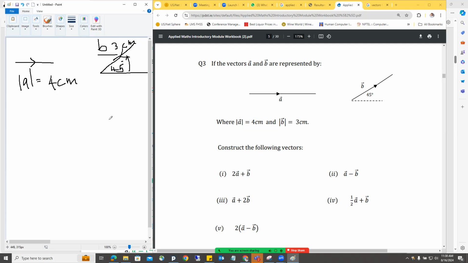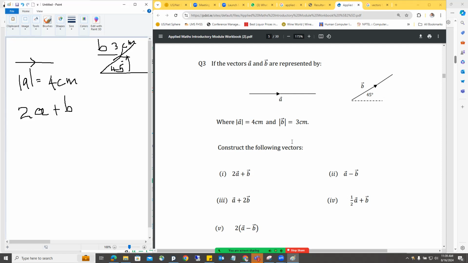Then they have asked us to construct the following vectors. So 2a plus b. How are we going to construct this one? 8 centimeters for 2a.